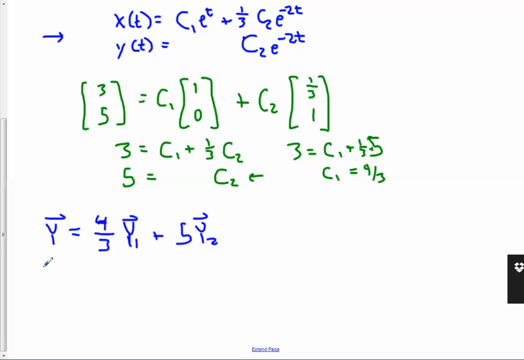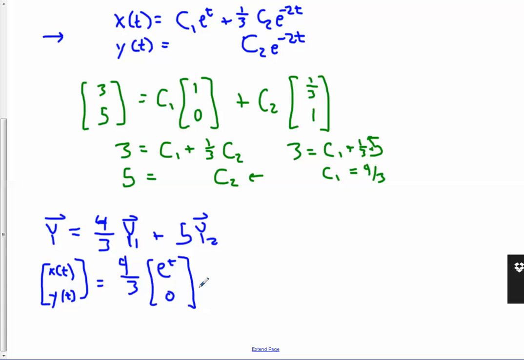Or, to break it out a little bit more, x of t, y of t equals 4/3 e to the t, 0, plus 5 times 1/3 e to the minus 2t, e to the minus 2t.